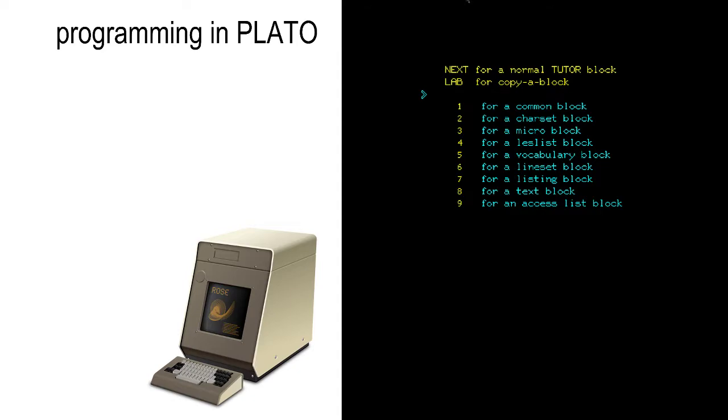For example, common blocks are very important if you want to have data that will be shared between all of the users of a particular lesson. You need to allocate a certain amount of space for that. Char set blocks are used for defining character sets. Micro blocks are used for defining micro characters.